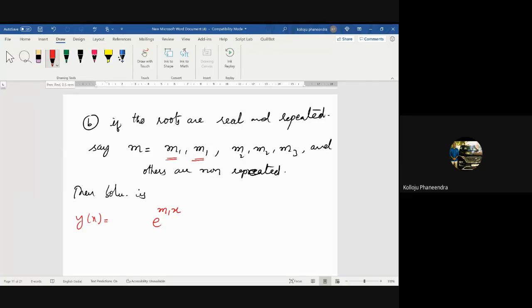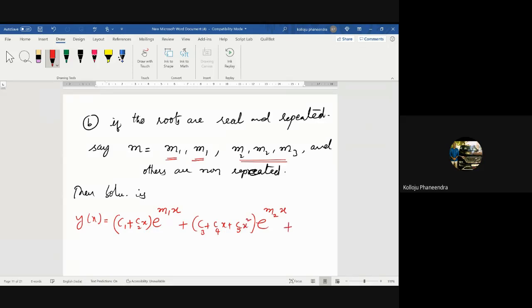If it is repeated 2 times, you write a first degree polynomial as its coefficient, c1 plus c2x. Now m2 is repeated 3 times. First write e power m2x, and if it is repeated 3 times, then its coefficient must be quadratic: c3 plus c4x plus c5x square.